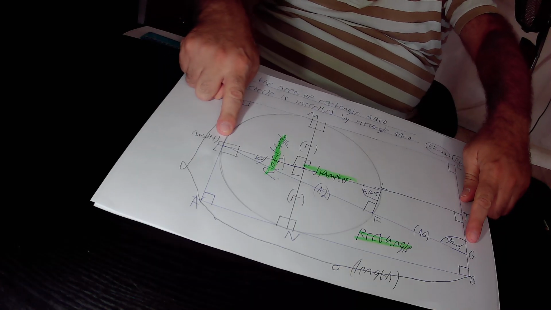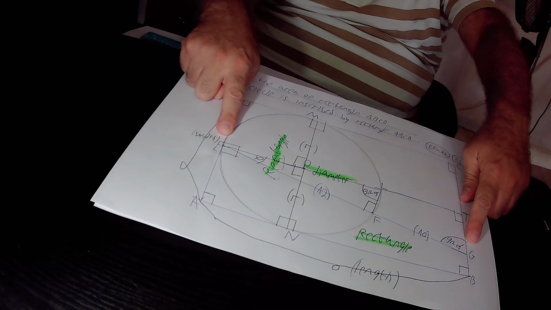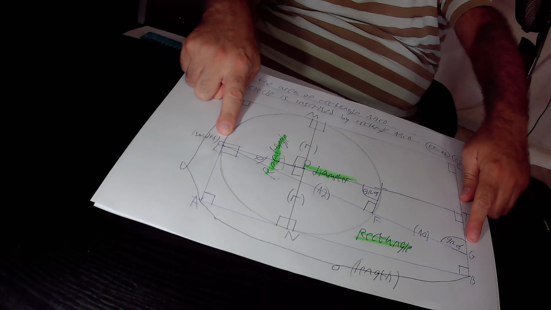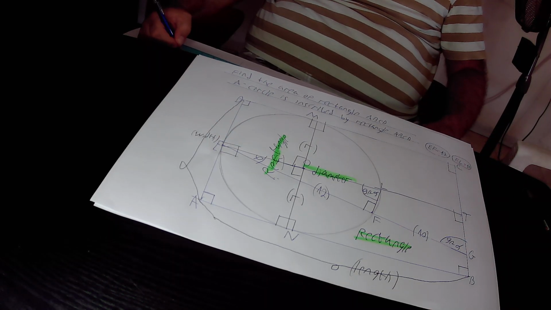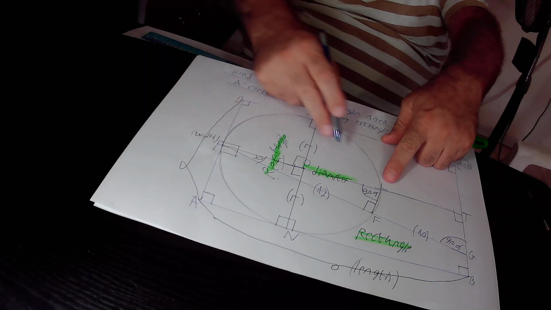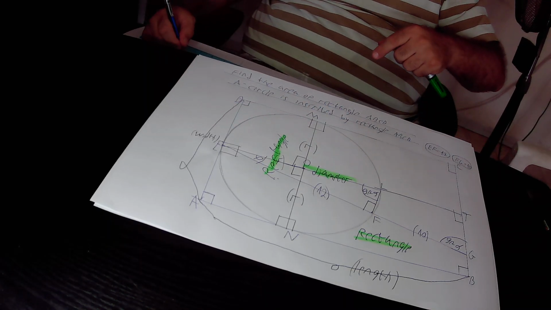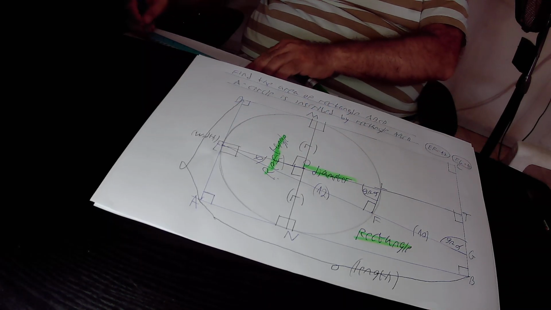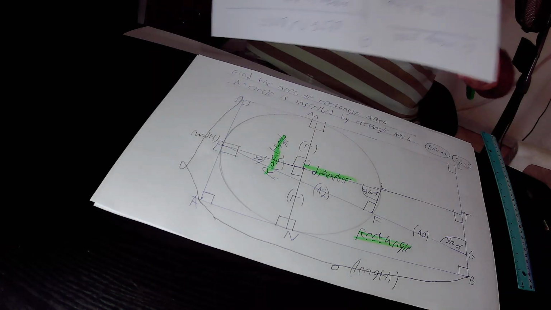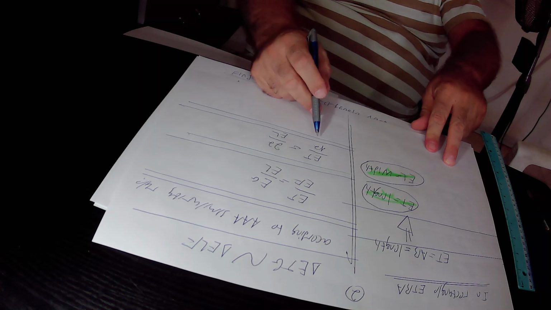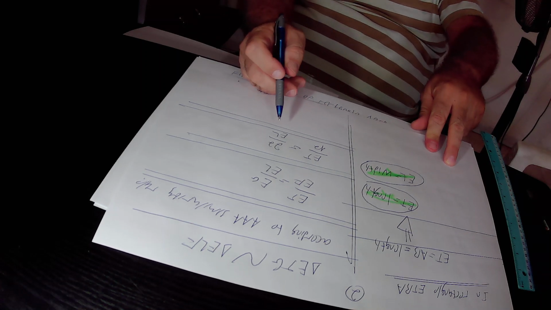EG in total equals 12 plus 10, that is 22. Over EL. EL is the missing side, so we leave it as it is. So in total, we actually found out that ET over 12 equals 22 over EL.